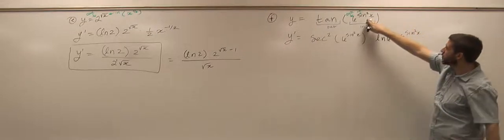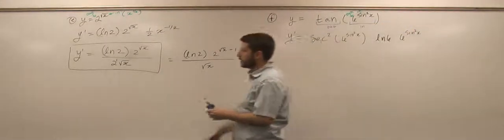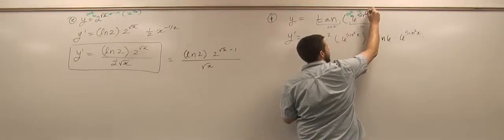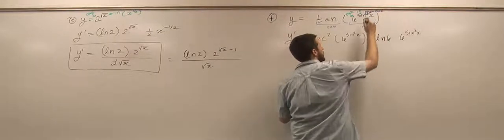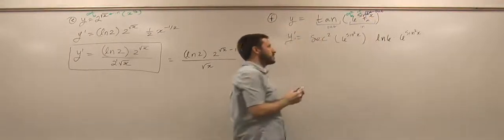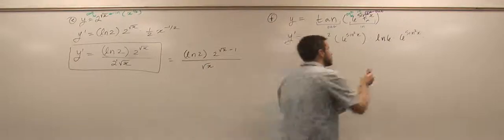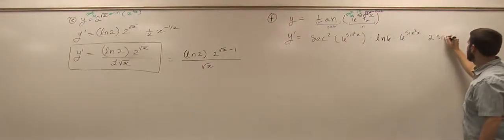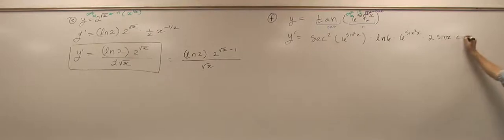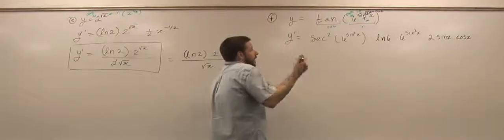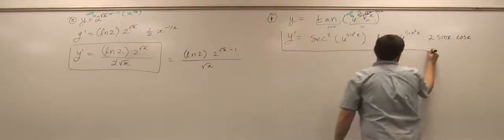Times the derivative of sine squared, which itself has an inside and an outside. The outside for sine squared is the square. And the inside is the sine. Remember, sine squared is like if you have parentheses, sine parentheses squared. So this will become 2 sine x cosine. Circle that, but we don't want to do anything.